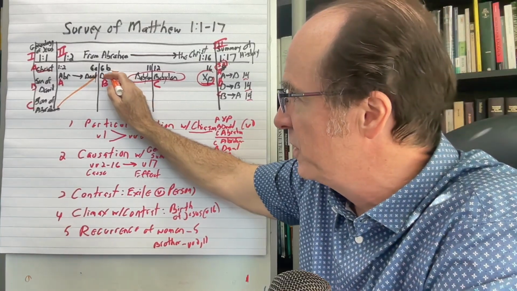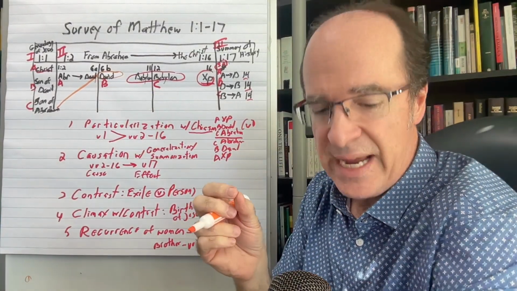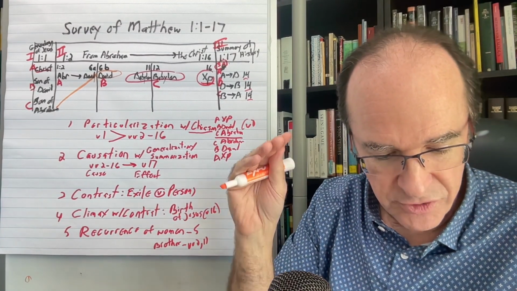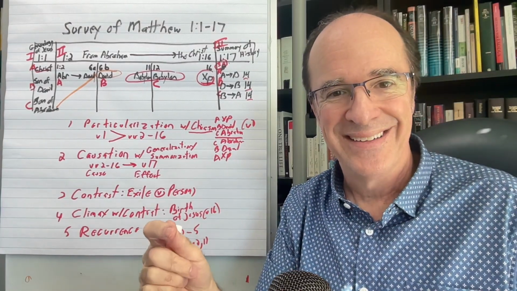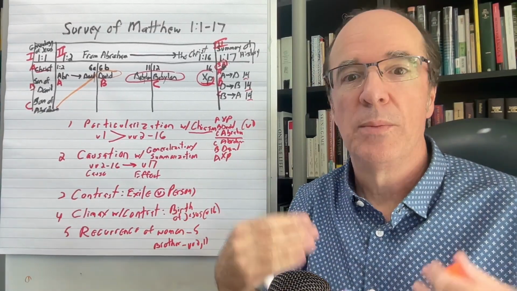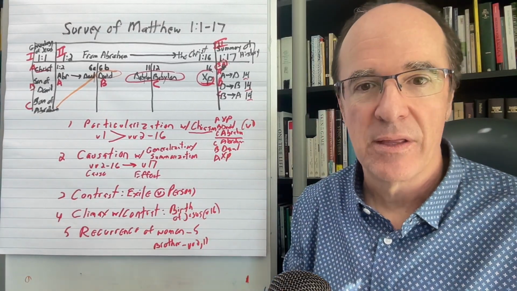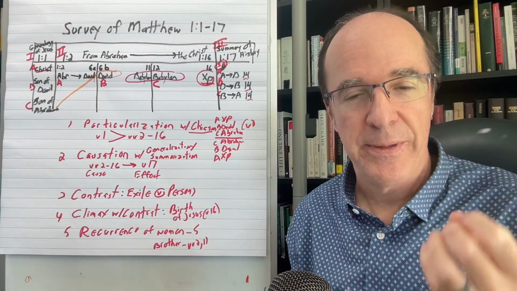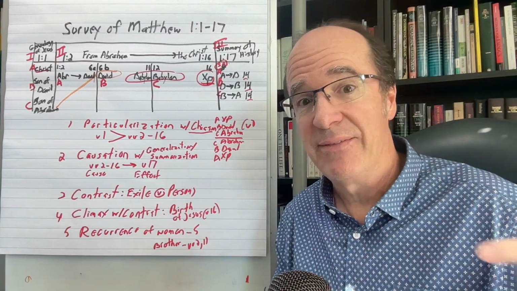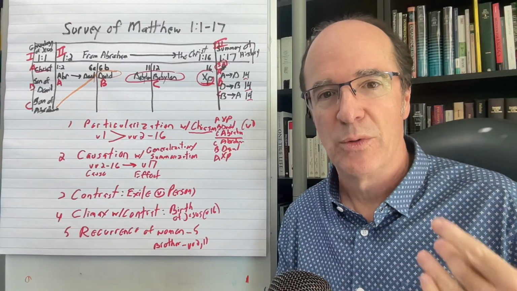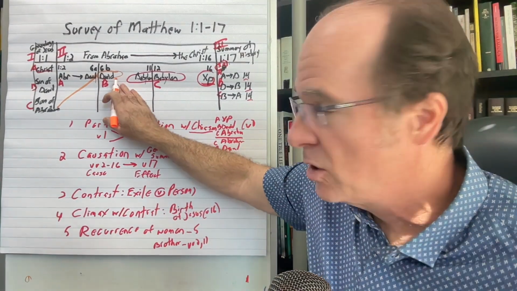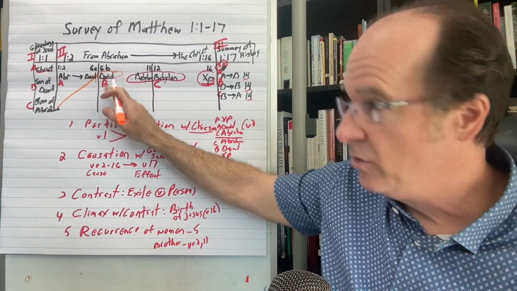And then there's a signal that something negative is going on, where it says, David was the father of Solomon by the wife of Uriah, right? And we know from the story, and presumably the people receiving this genealogy either already know the backstory, or the language itself is going to invite them to say, hey, what is this? And do the research. But it's pretty clear that this is supposed to be viewed in the negative.